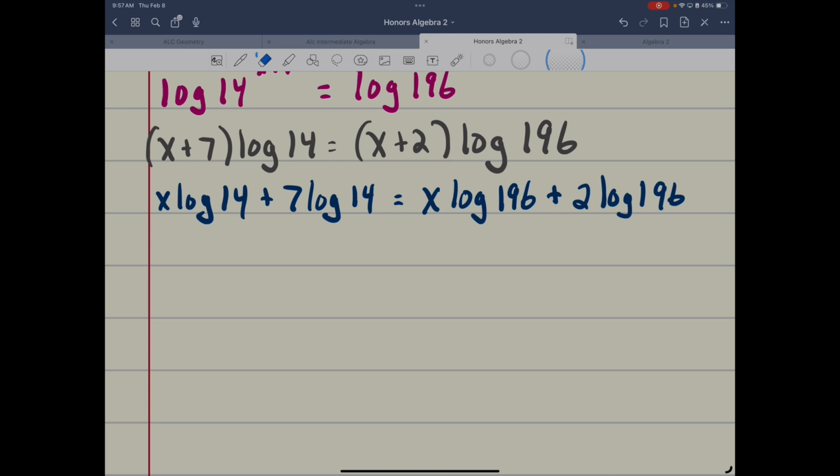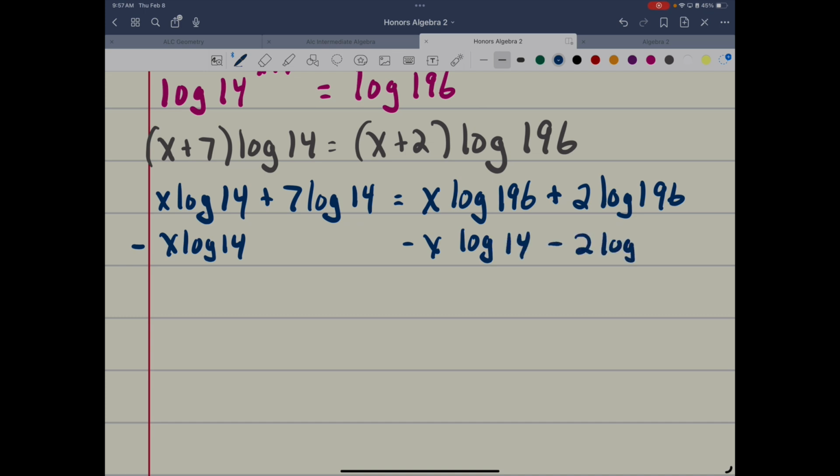Subtract x times the log of 14. And then I'm going to subtract 2 times the log of 196. Now understand that none of these things cancel out. They're all separate things.